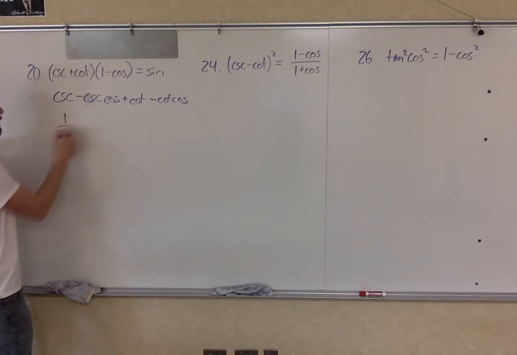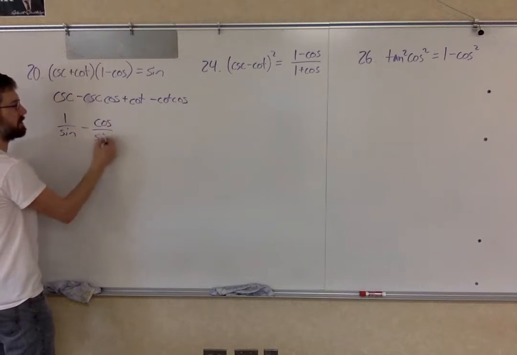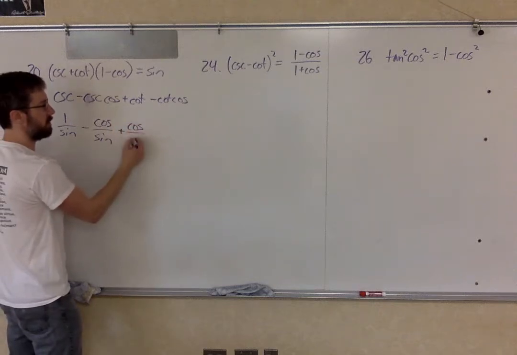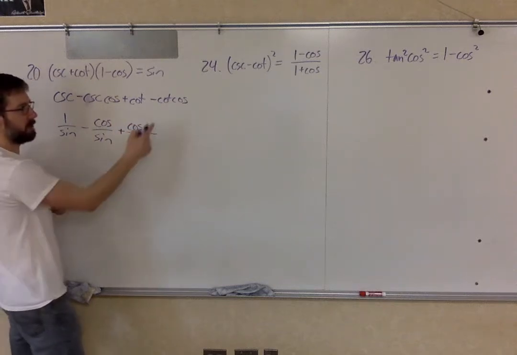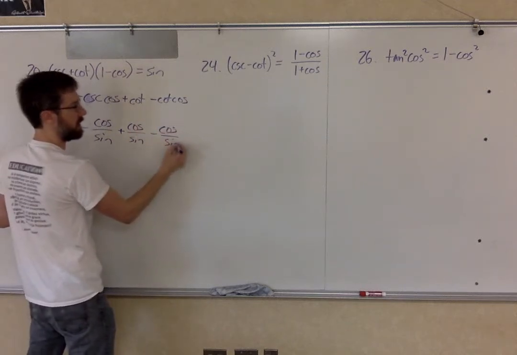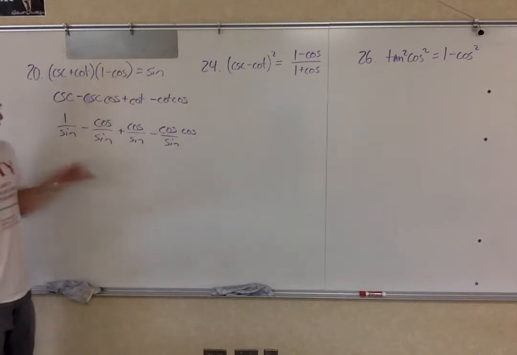Cosecant is 1 over sine, minus cosecant cosine here is cosine over sine. Cotangent is cosine over sine, and then this cotangent cosine is cosine over sine, and then we've got another cosine there, so it's cosine squared.